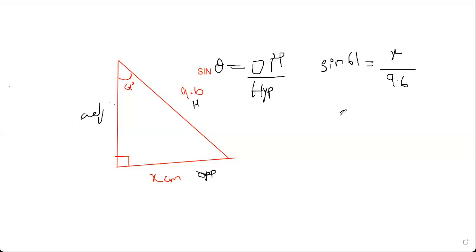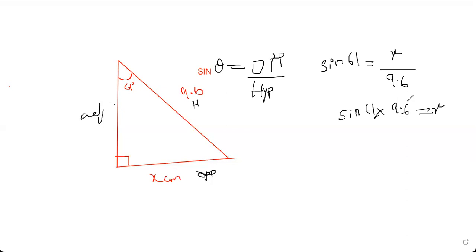So what you have to do is sine 61 multiplied by 9.6 is equal to x. What is x? X is actually the opposite. You can put everything into the calculator, and let me check what answer I am getting.